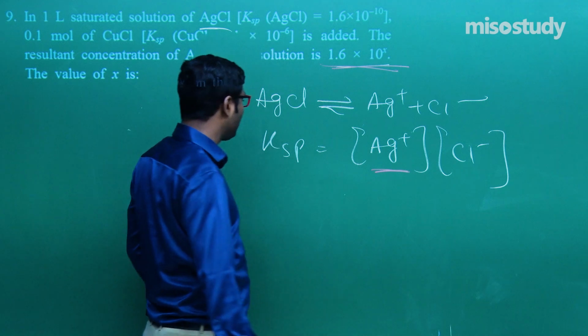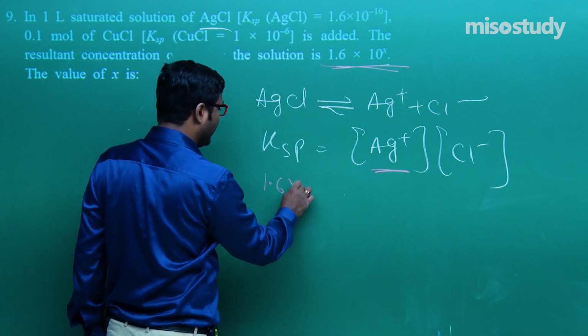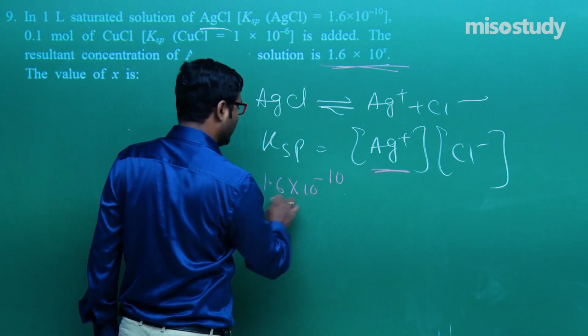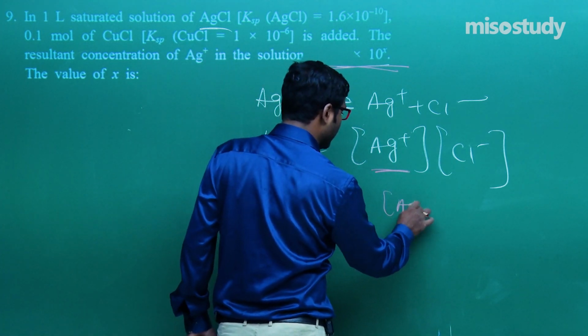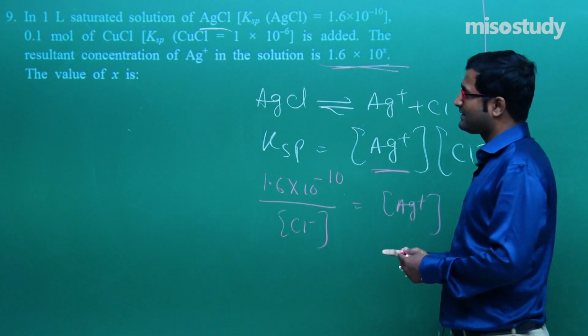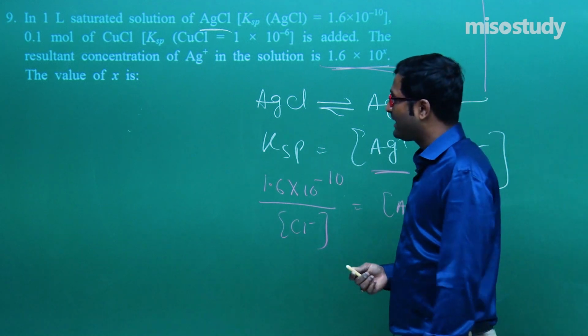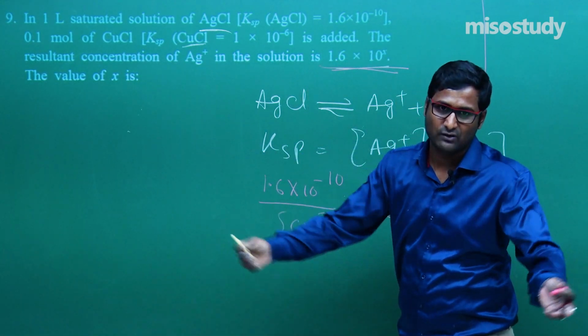This is an integer type question. Ksp is 1.6 into 10 to the power minus 10, upon Cl- concentration is equal to Ag+. Now the question arises, from where does the Cl- concentration come? We will take the Cl- concentration from CuCl because this one is a strong electrolyte, we know.